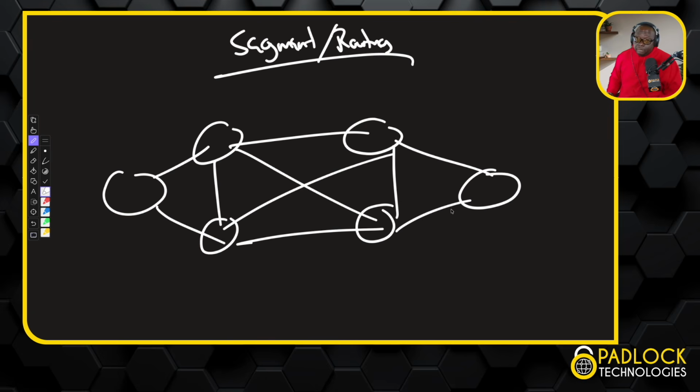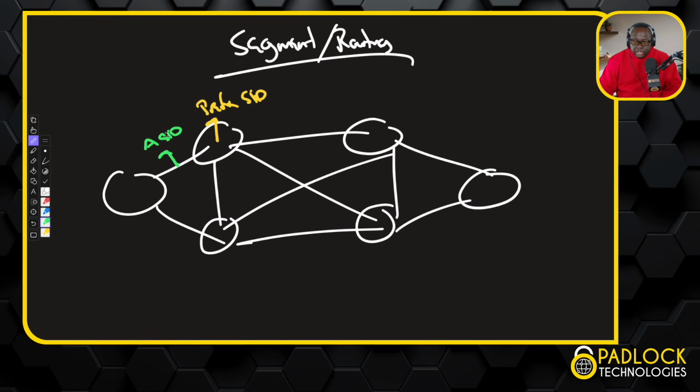And instead of using LDP, RSVP, not using BGP anymore, you're actually using SR. Now you have the introduction of a prefix SID, which is usually going to be your loopbacks, all right? And then you're going to have adjacency SIDs, which is going to be the links between your routers.